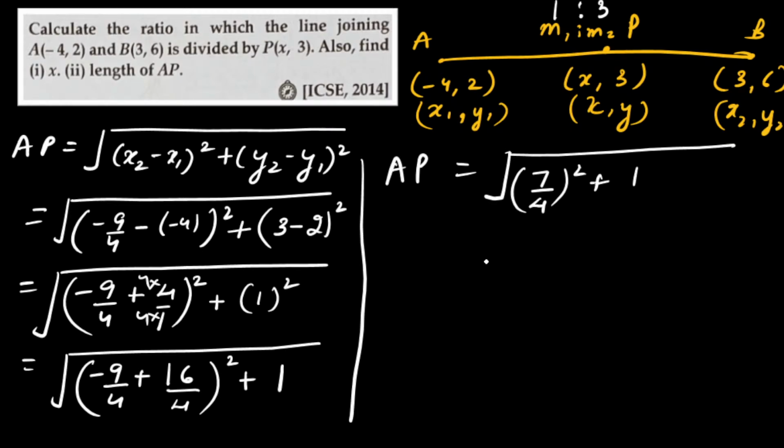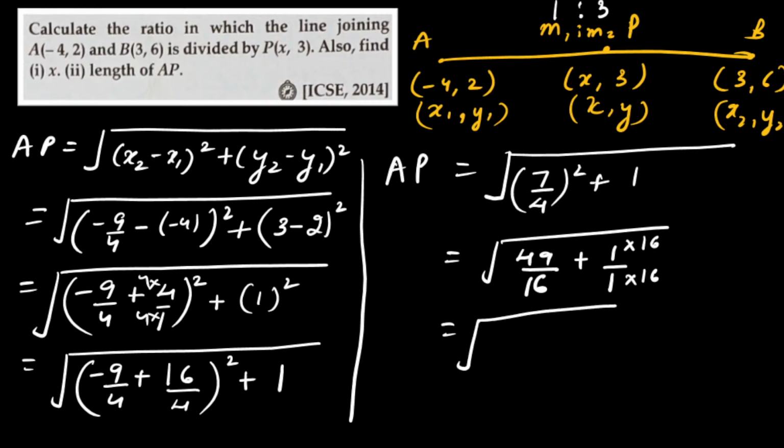Now if I simplify the square, it will become 49/16 plus 1. We can again write 1 as 1/1 because two fractions are getting added, so we again make the denominator the same by finding the LCM. 16 will multiply with 16, so this will become the square root of 49/16 plus 16/16. When you add 49 and 16, it becomes 65/16.